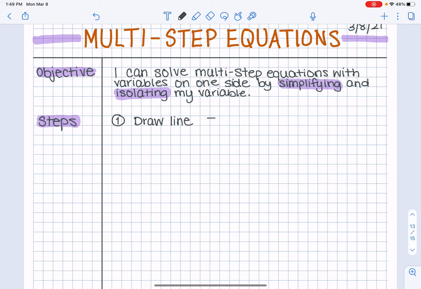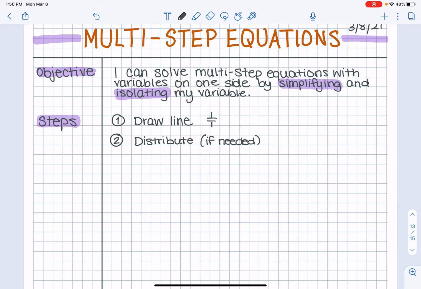We always draw our line down the equal sign. After we do that, we want to find our variable and use the distributive property if we need to. So I'm going to write distribute if needed. Maybe we need to, maybe we don't.